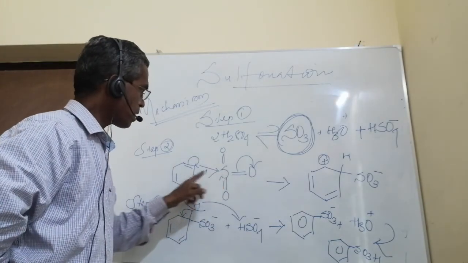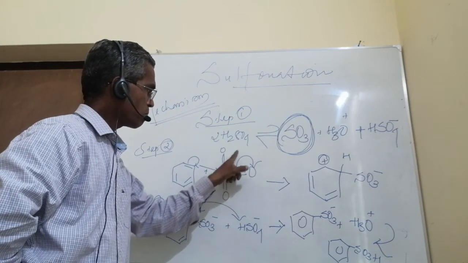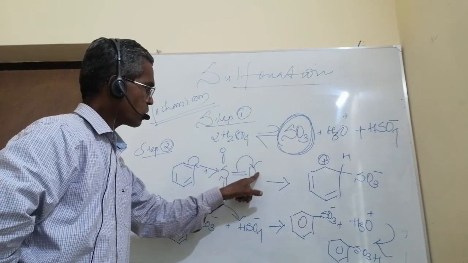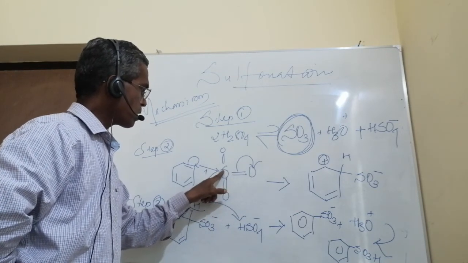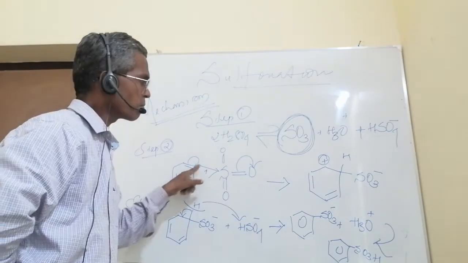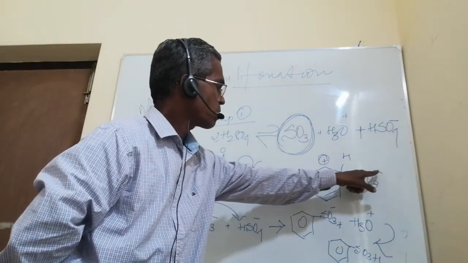This positive end of your sulfur connects with the negative end of your benzene. There will be a formation of the C-SO3- bond.